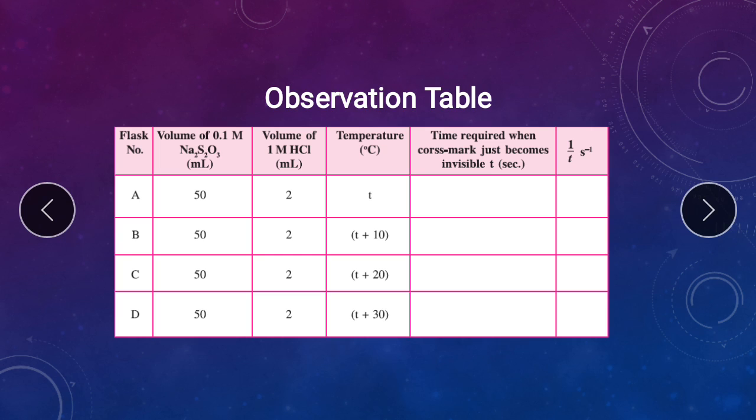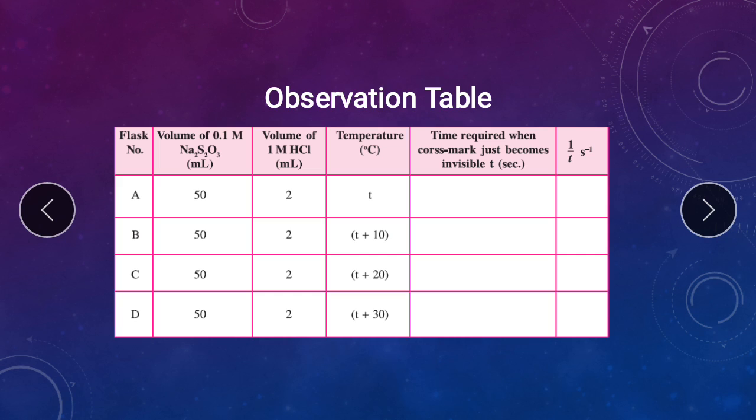So you have to record the temperature T, the initial temperature, and the time required for the cross mark to become invisible.